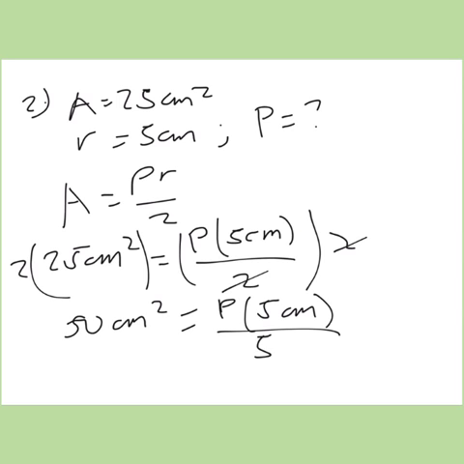Divide both sides by 5 centimeters so that we can get the measure of our perimeter. So cancel this one. Therefore, 50 centimeters squared divided by 5 centimeters. So the value of our perimeter is equal to 10 centimeters. That's the value of our perimeter, having an area of 25 centimeters squared and radius of 5 centimeters.